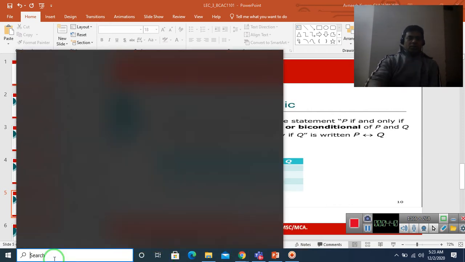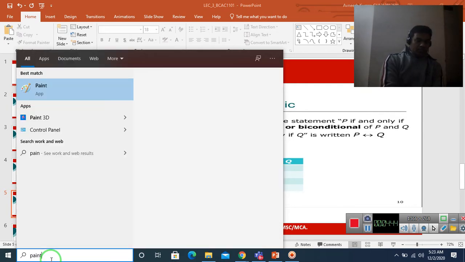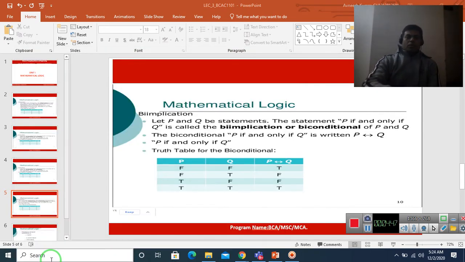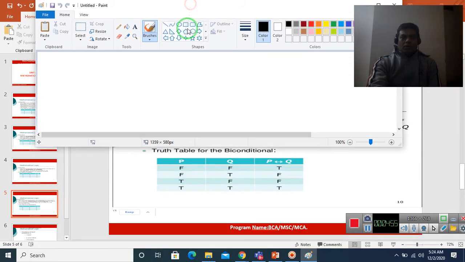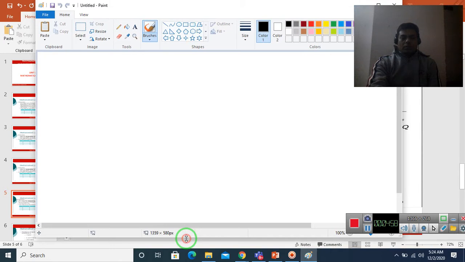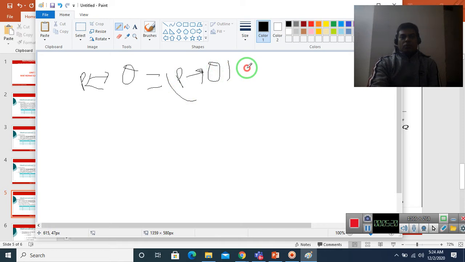First of all, I will open the Paint application. The biimplication is that P biimplication Q. In this situation, we can write it like this: P conditional Q and Q conditional P, and after that the conjunction of both statements.